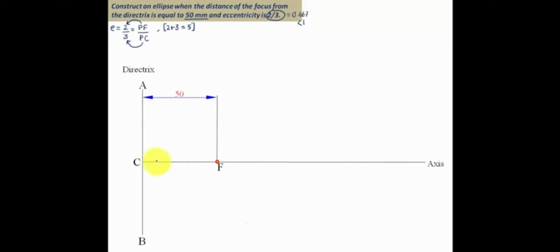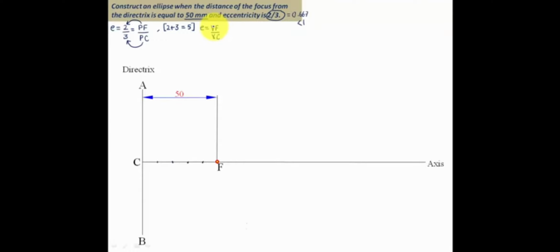Here C to F we need to divide into 5 sectors: C to 1, 2, 3, 4 and 5 sectors. So the PF is there, right? Here is F. The point V is in between C and F. E equal to VF divided by VC.